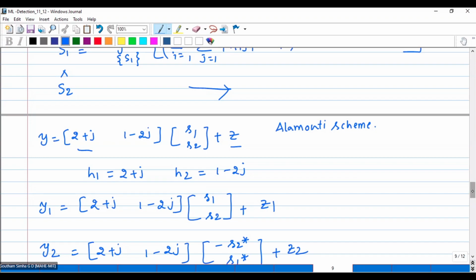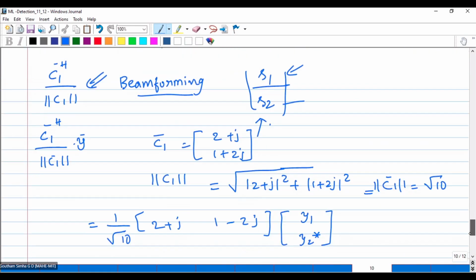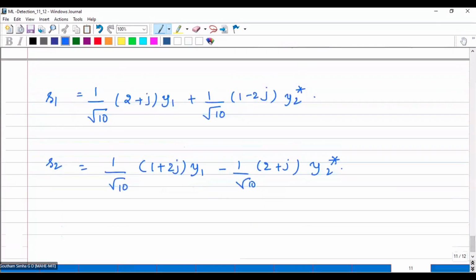And then finding the norm, you will get some value to identify what is the symbol that s1 has been radiated. You have to do that. 1 by root 10 into 2 minus j y1 plus 1 by root 10 into 1 minus 2j into y2 conjugate. So y1, y2 will be known to you because you will be calculating the received vector.